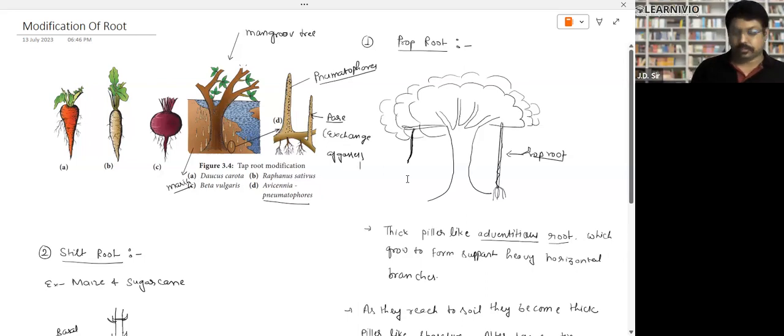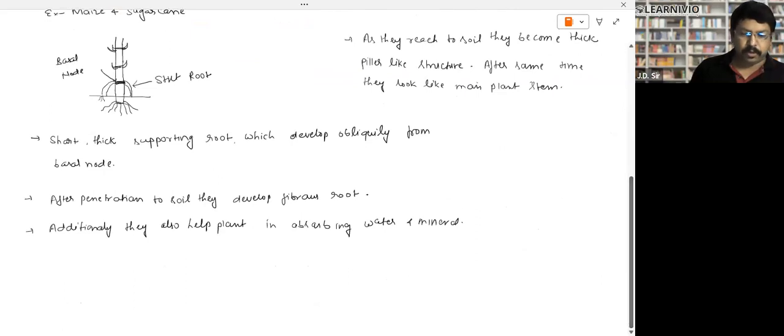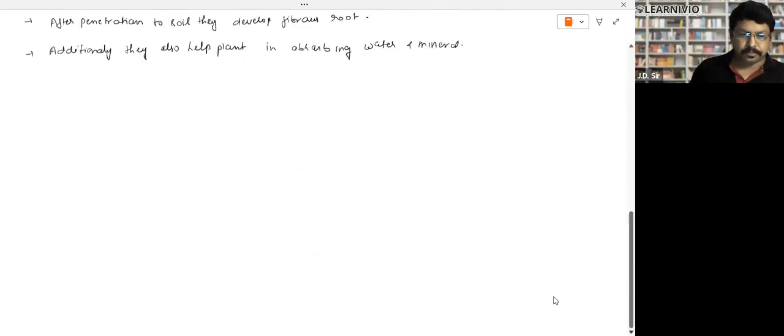Done? Okay. So the third type of root, I will put the heading. Third modification of the root is nematophores. Please start writing now. Nematophores.